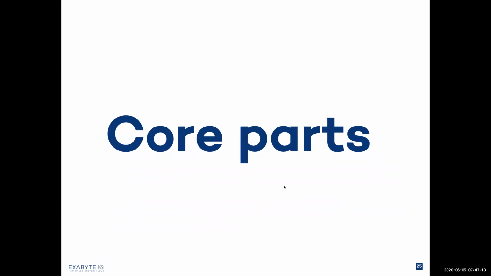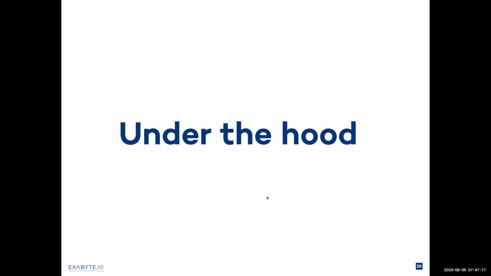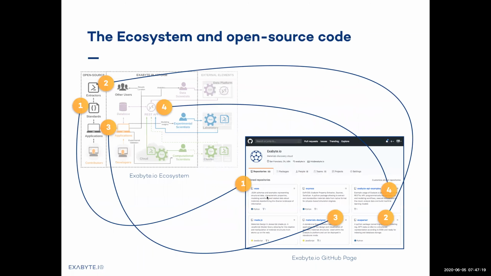Now, let's speak a little bit about the core parts and what we have under the hood. I demonstrated this diagram that shows the key components of the platform, and here is our GitHub page. You can see that to each diagram part, there is a corresponding repository that we have in open source.